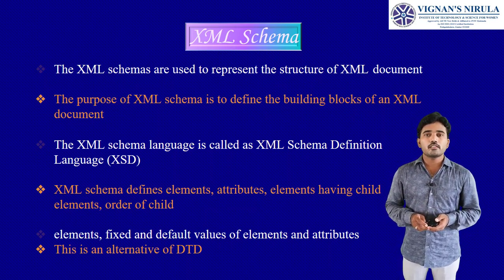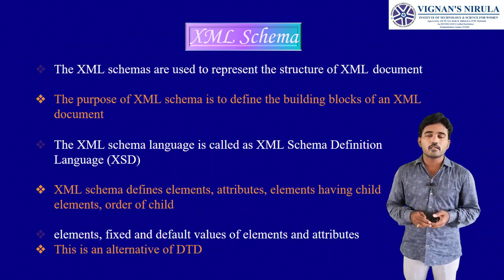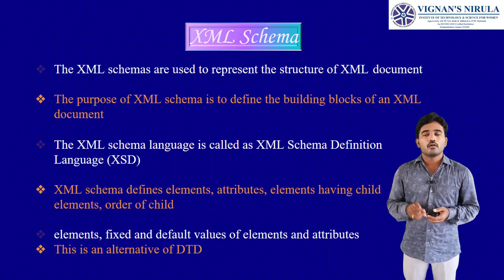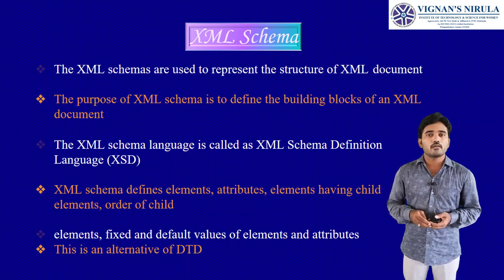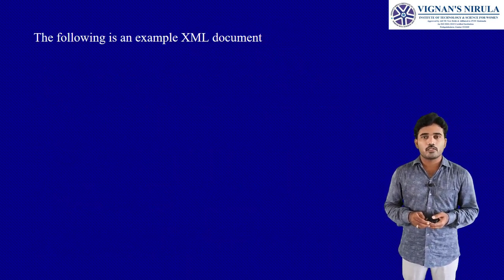Remember that this XML schema is an alternative to the DTD. In the document type definition, it defines the basic building blocks like elements, attributes, CDATA and PCDATA. Along with that, in this XML schema we additionally define certain data types like boolean, string, date, and some complex data types.